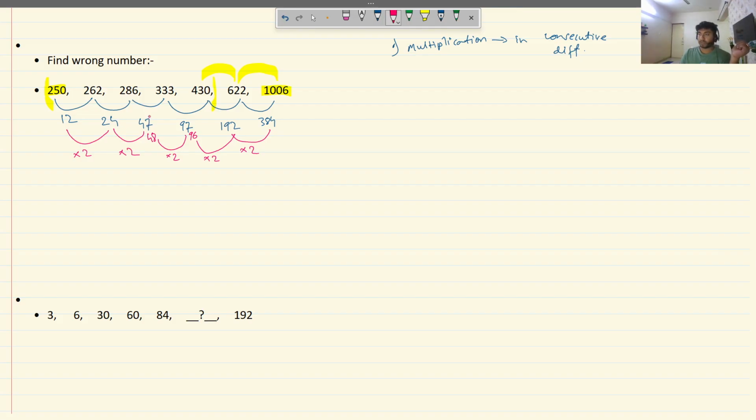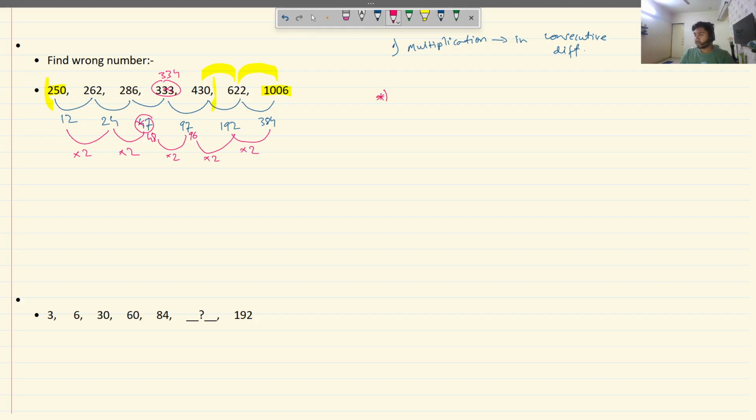So if this difference is not 47, it's 48, that means this is my wrong number. It would be 334. It was 47, now my difference has increased by 1, so 334. And this is my 334, and this is my 96, so 334 plus 96 is 430. So this was my wrong number.